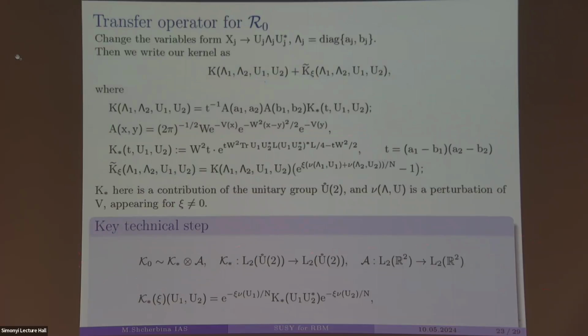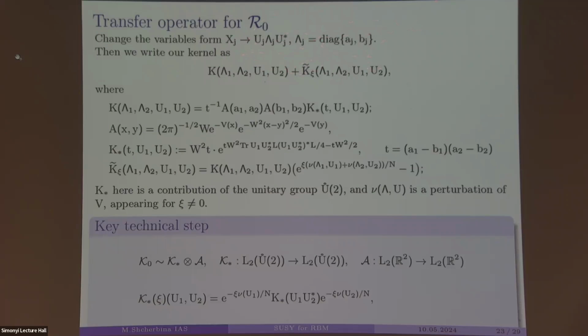Now the main technical step is that we have some operator K, but we would like to see how it looks if we change the variables, from the matrix X to this unitary transformation.